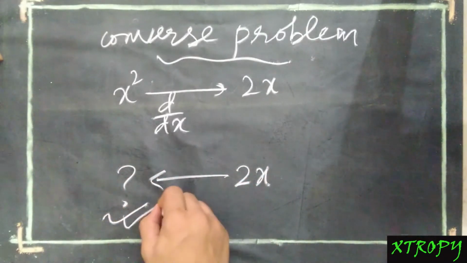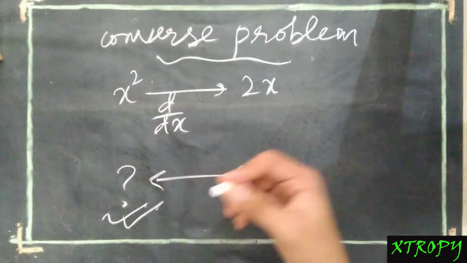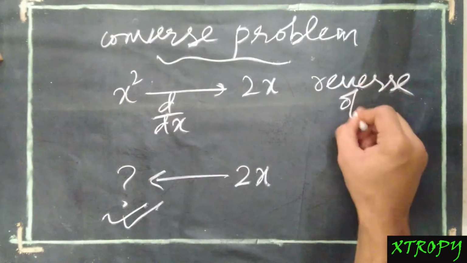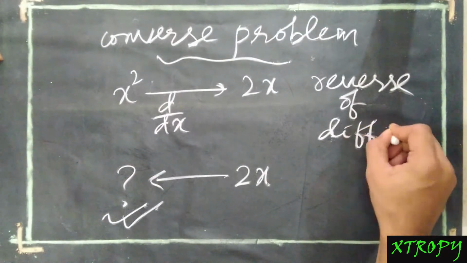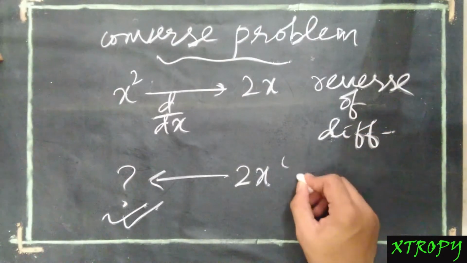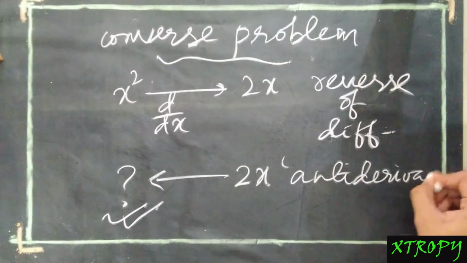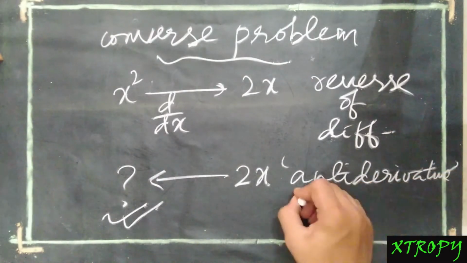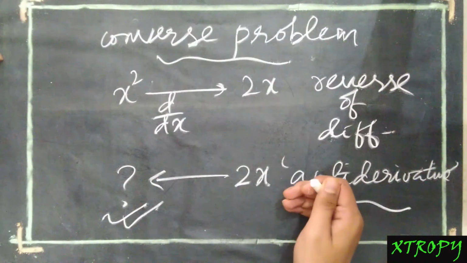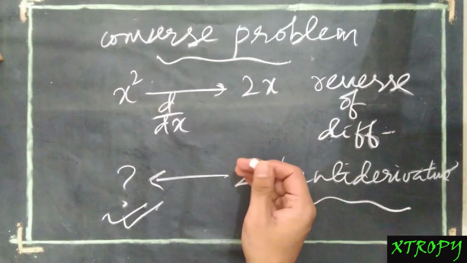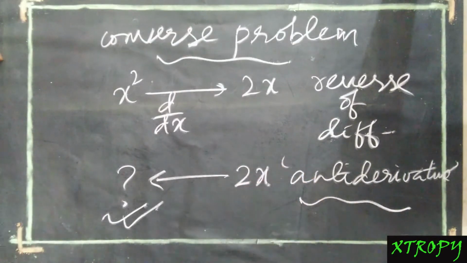So this is basically the process of integration and it is the reverse of differentiation, or it is also known as the antiderivative, that is the opposite of derivative. So let us see illustrations and we will understand in depth the basic method and basic idea of integration.